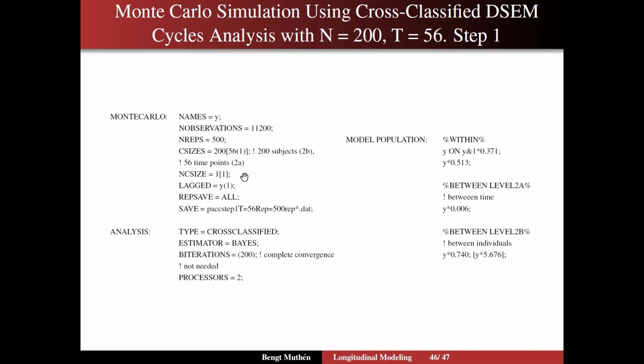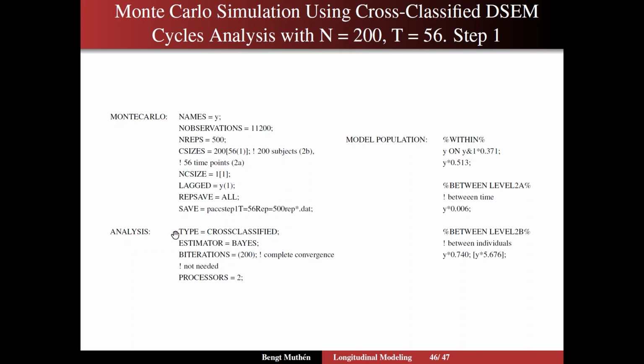I'm not going to go into those details, but this does the job for me here. 200 subjects, that's level 2B in the cross-classified language, and time points is level 2A in the cross-classified language. And we're going to do saving of all of those data sets that we generate, all of those 500 replications.